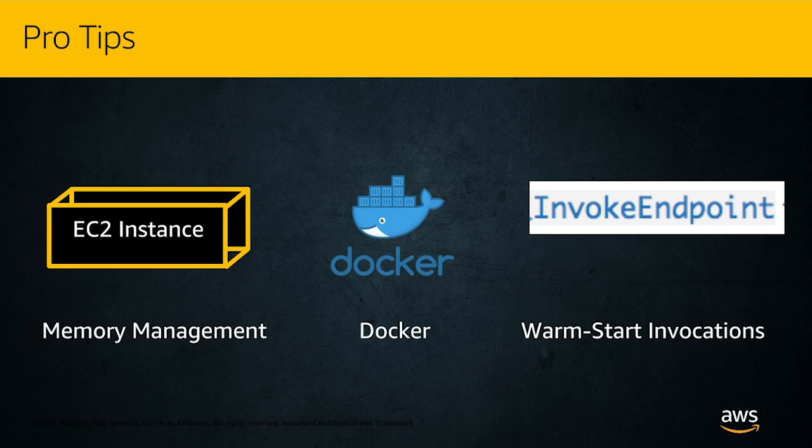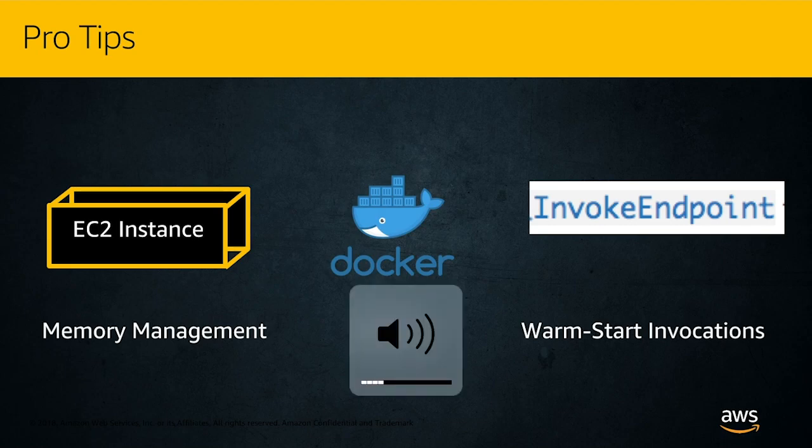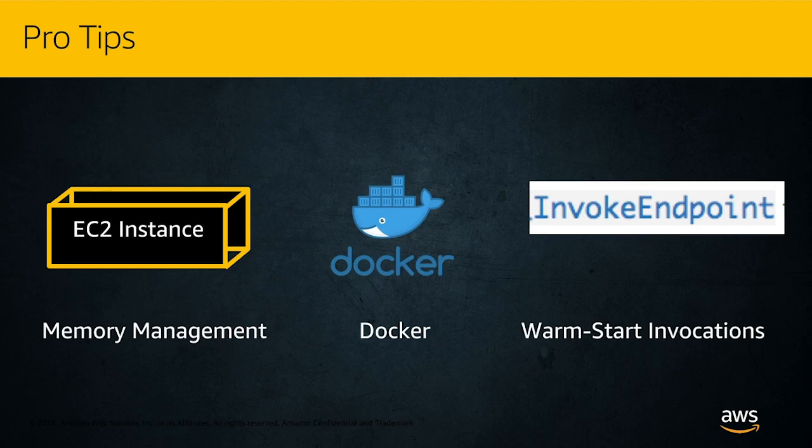The last thing to think about is that we actually recommend warm start invocations, which is to say when you are launching the solution to your customers, you don't want to introduce any latency to them.